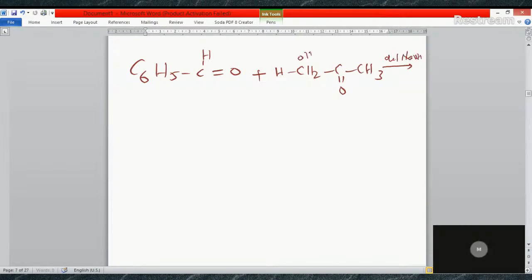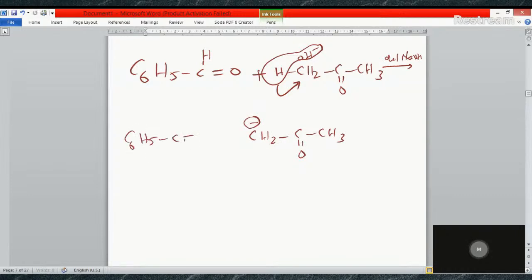In the first step, this hydrogen is taken outside and electrons are moving towards this side, so that we can have CH2 C double bond O CH3. It carries minus, and that will be attacking this carbon, and the nearby bond is getting broken.